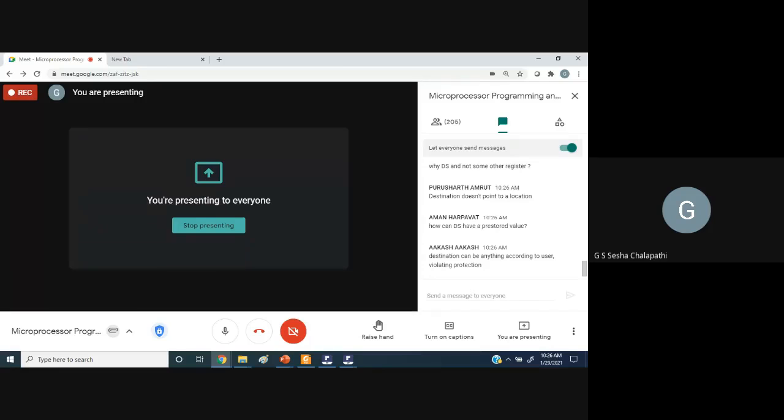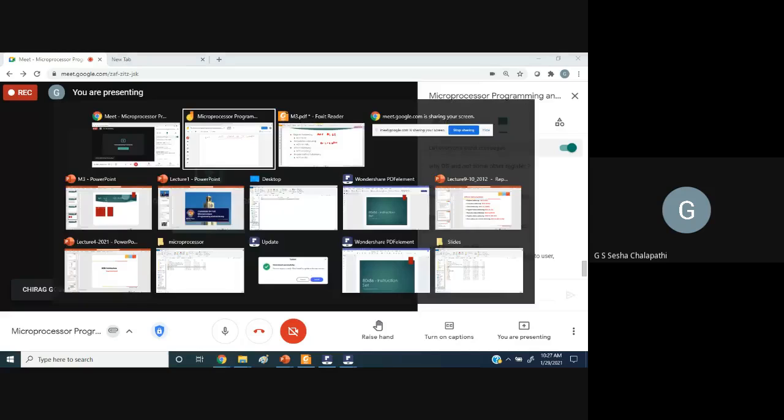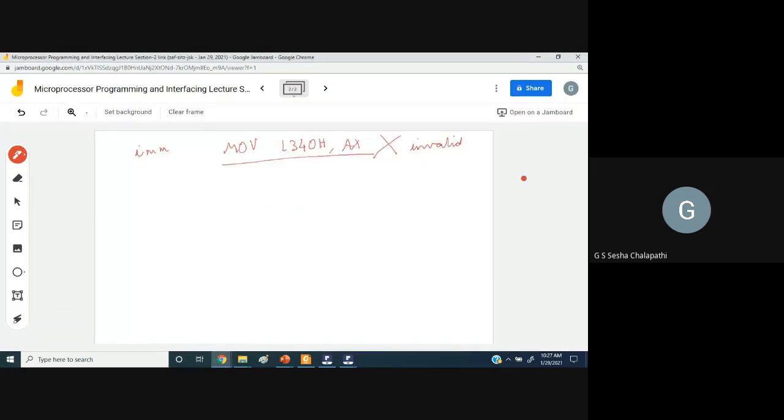Therefore this is an invalid instruction. You can't write the contents of AX into some immediate data.